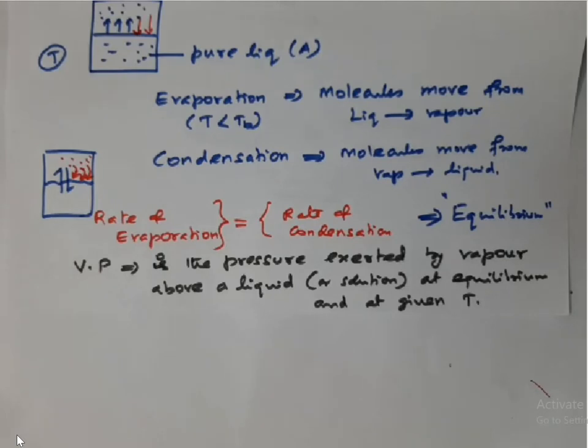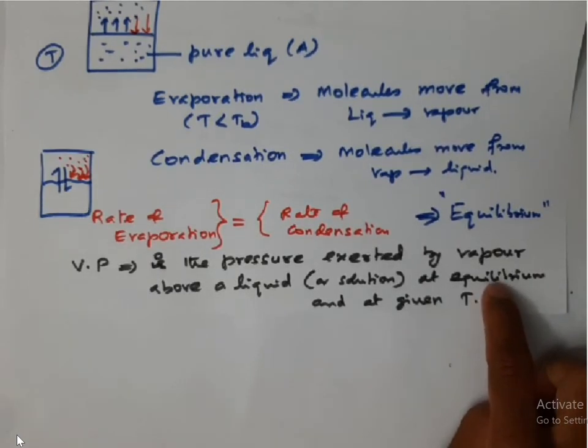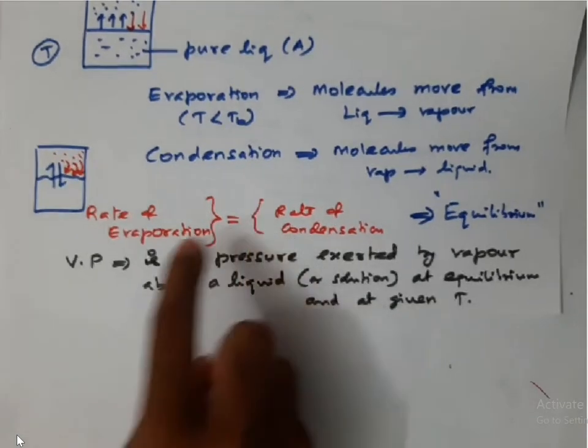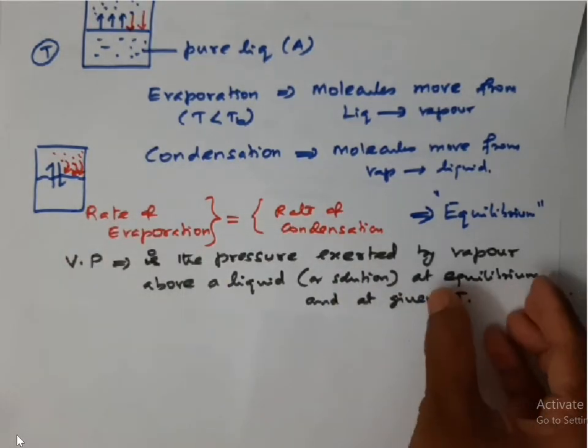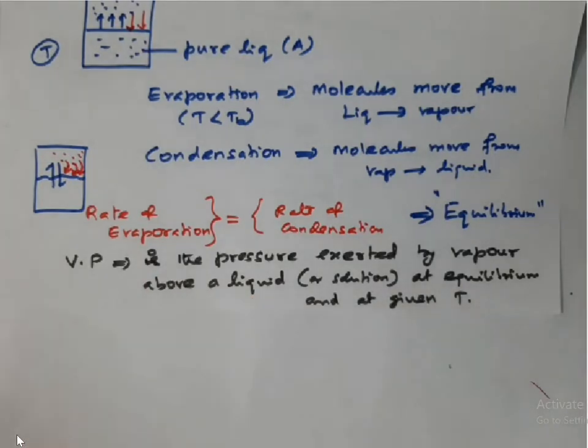Okay, students, observe this carefully. Here you know what is the meaning of equilibrium. What equilibrium exists here? Rate of evaporation equals rate of condensation. And this is what we call equilibrium here. So vapor pressure is the pressure exerted by vapor above a liquid or a solution at equilibrium and at a given temperature.